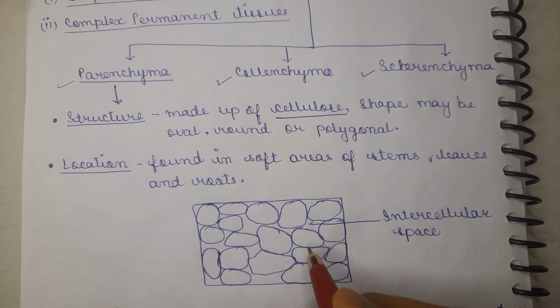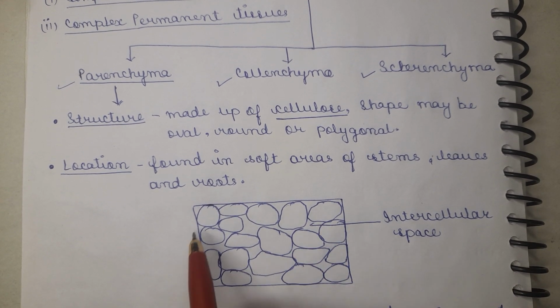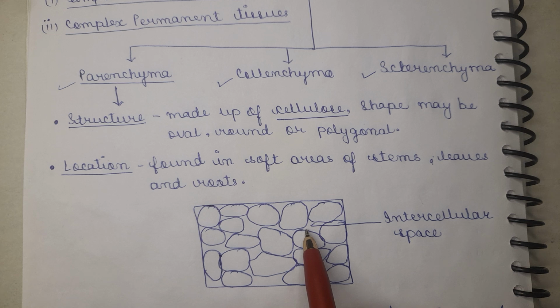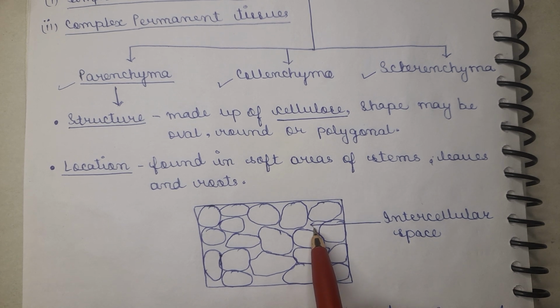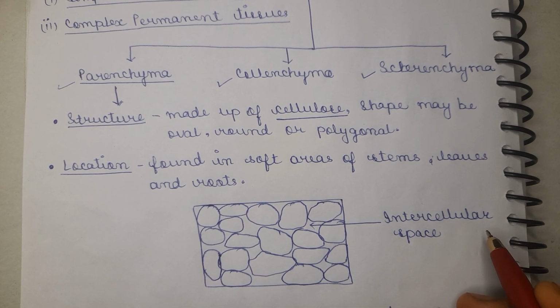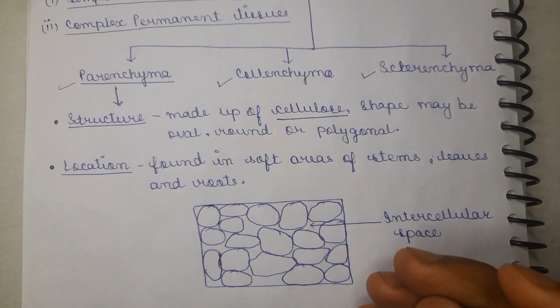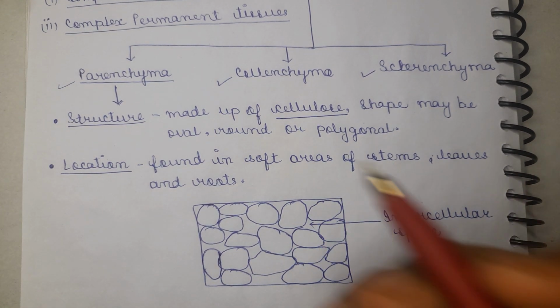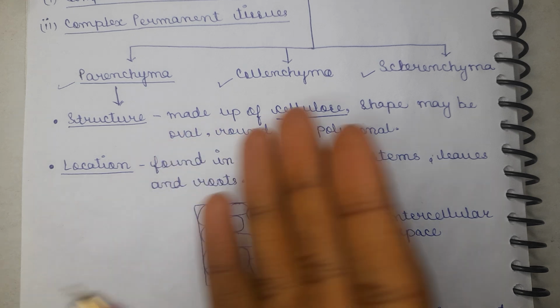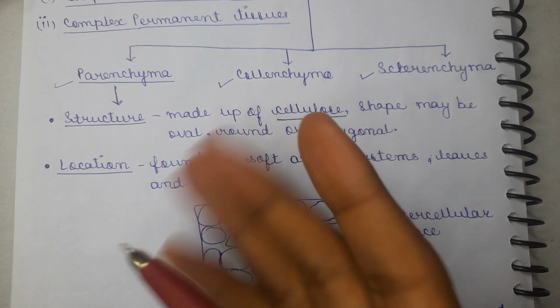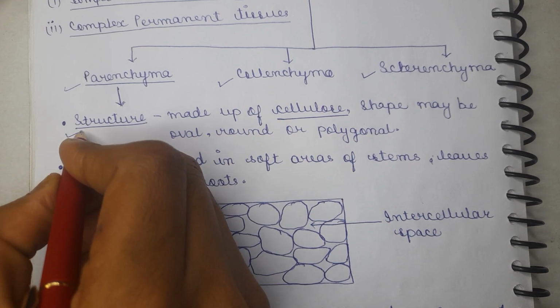We already have the diagram of the parenchyma tissue. Here the spaces between the cells show that they have large intercellular spaces. The cell wall, we already know, is made up of cellulose.